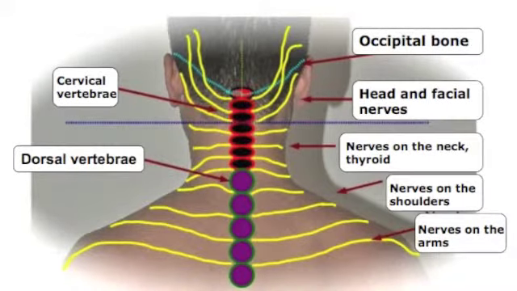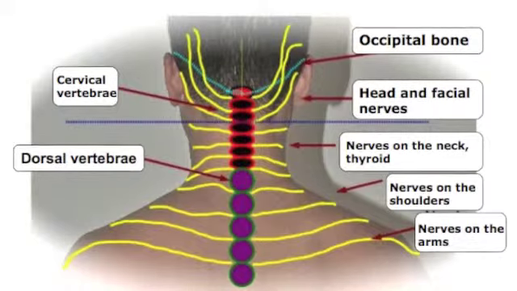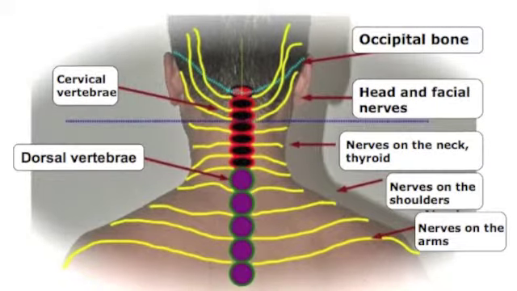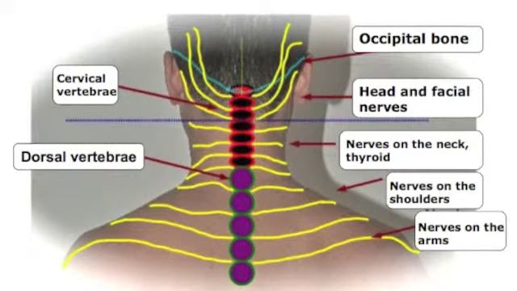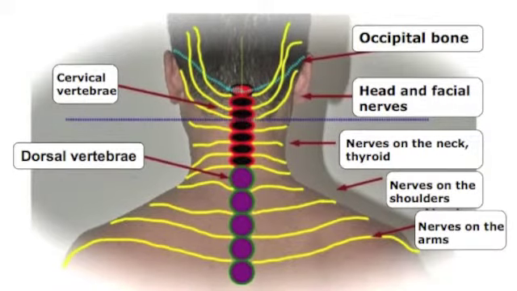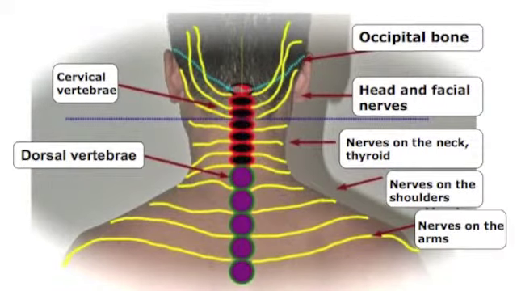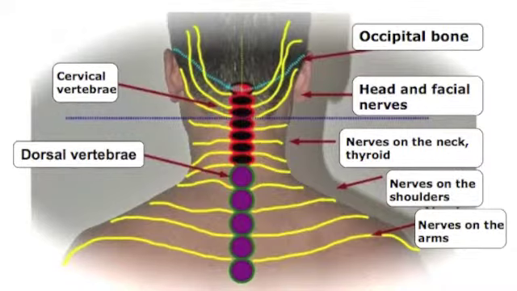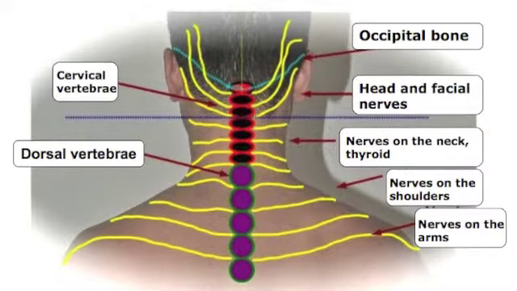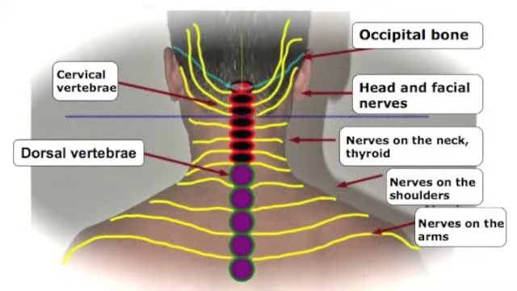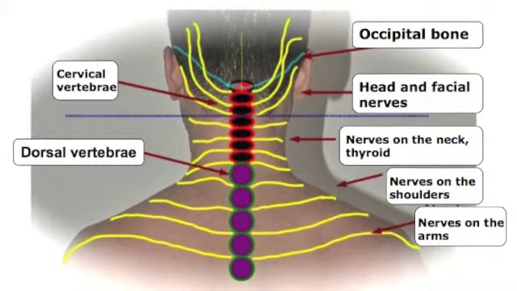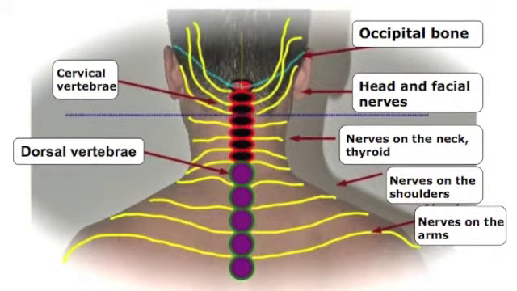So if we massage the base of the skull, so we will be working right along the light blue line, the occipital bone that I indicated, and we will notice that by alleviating this zone using this technique, we will improve the nerve supply to the head, to the eyes.